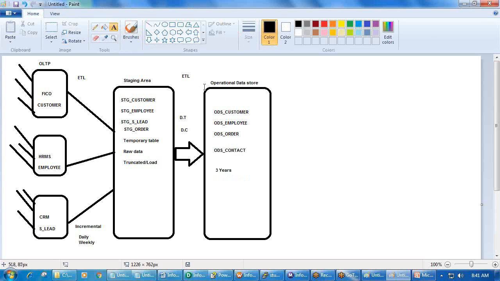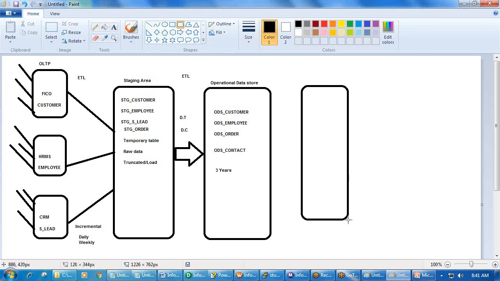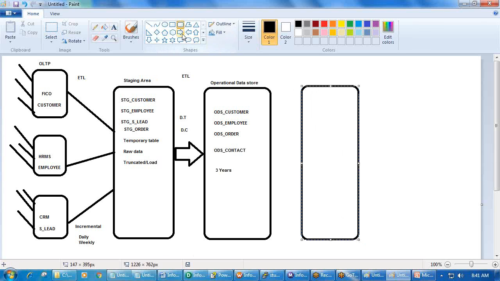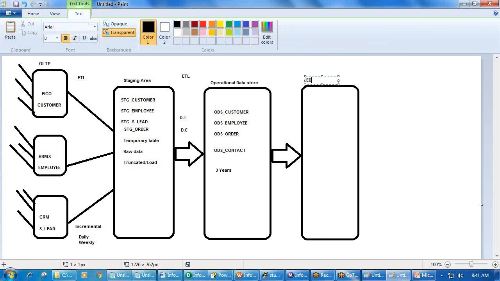So now let's say this is the data which flowed, and now from the operational data store we'll further load the data into another database called the enterprise data warehouse.